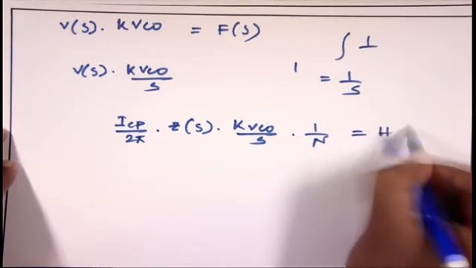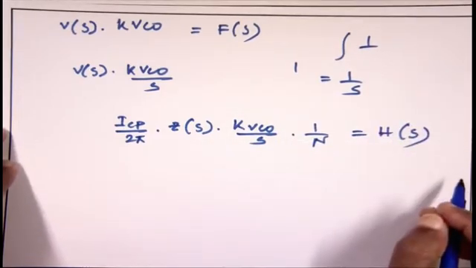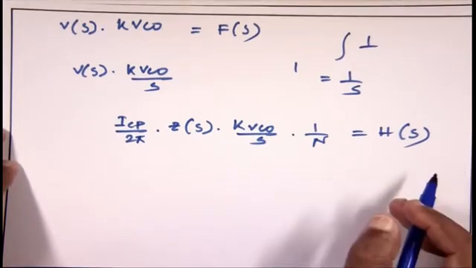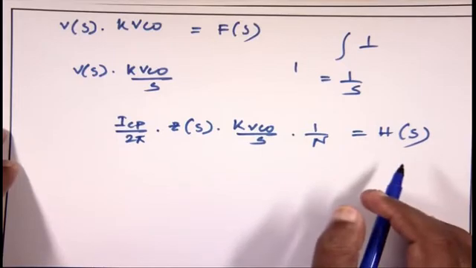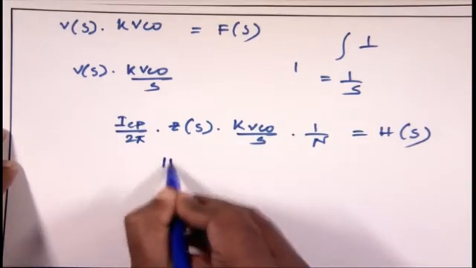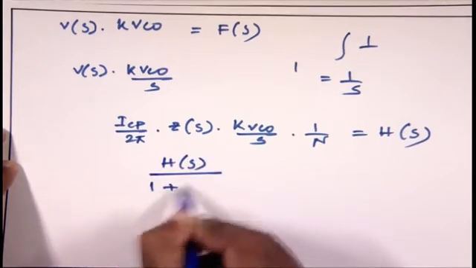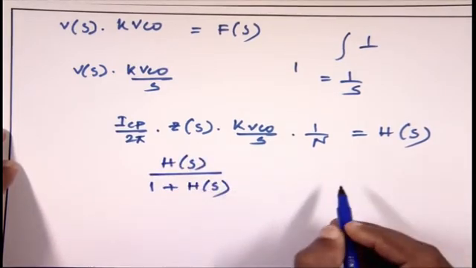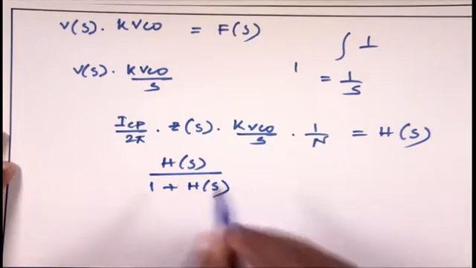So this is a standard first order linear phase transfer function, the open loop phase transfer function of an integer PLL. So what is the closed loop transfer function? Hs by 1 plus Hs. Okay, so this is clear up to here.